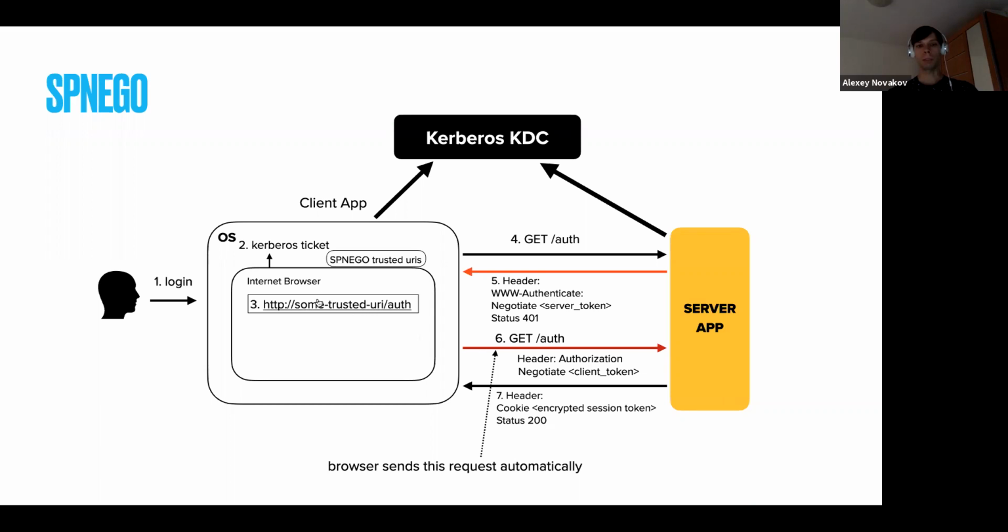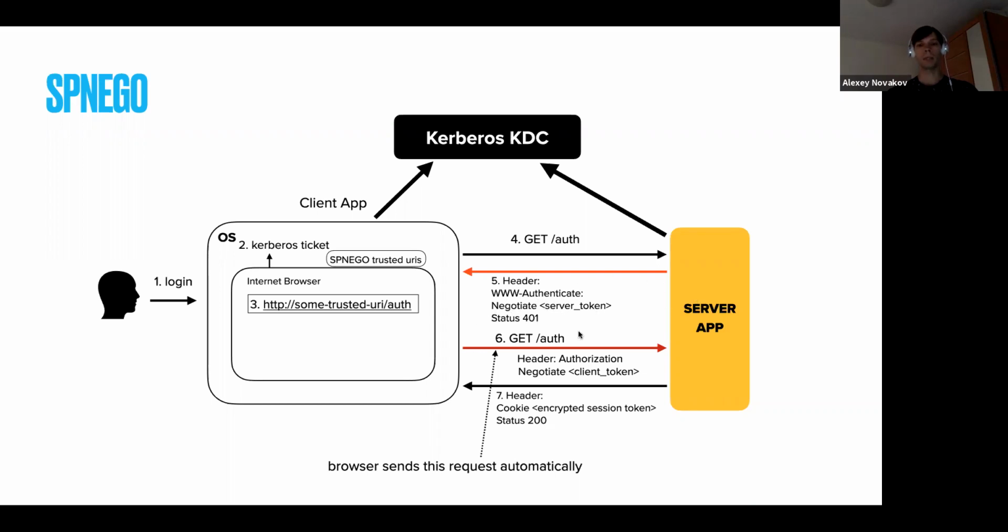The user opens this in their web browser, and there's going to be a GET request to the server, and the server, if it's implementing this Spnego authentication, returns back some header. This header is well known, specified by the Spnego protocol: WWW-Authenticate, which has the value Negotiate followed by the server token.